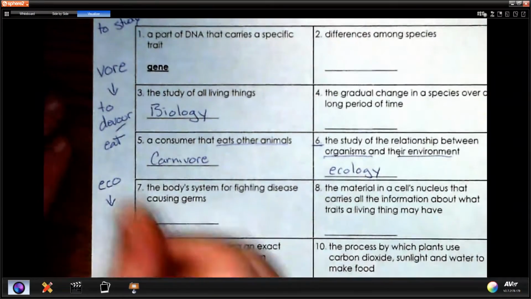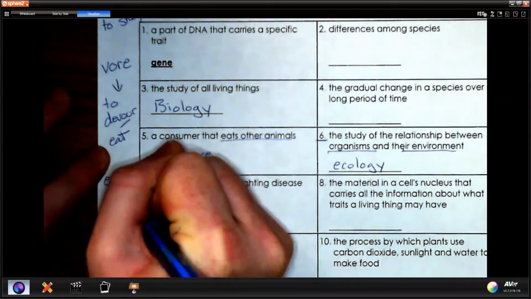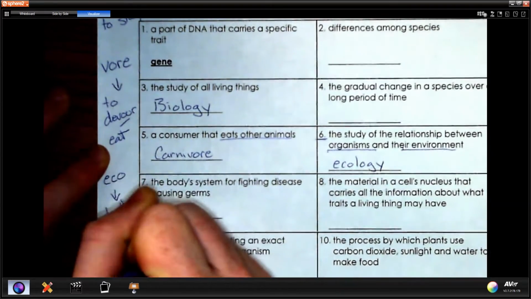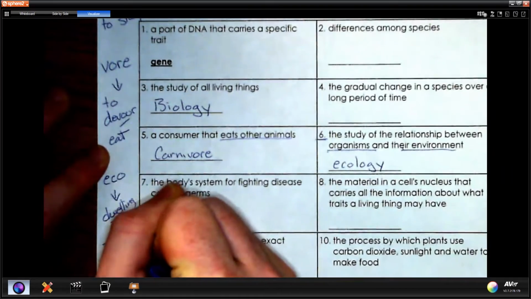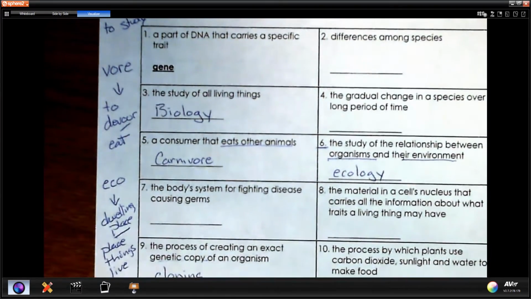So eco is a root, which means dwelling place or place things live. So eco is that idea of where things live. So ecology, study of where things live.